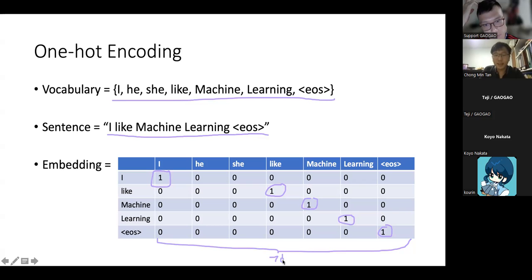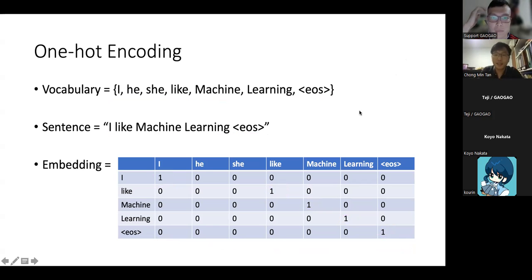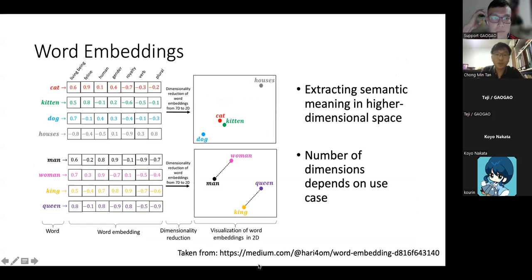Okay, and this 7-dimensional one-hot encoding vector will then be used to do embedding. So what's embedding? Let me show you the next slide. So embedding space is like that. After you do one-hot encoding, you can then map each of these words into a certain embedding space.